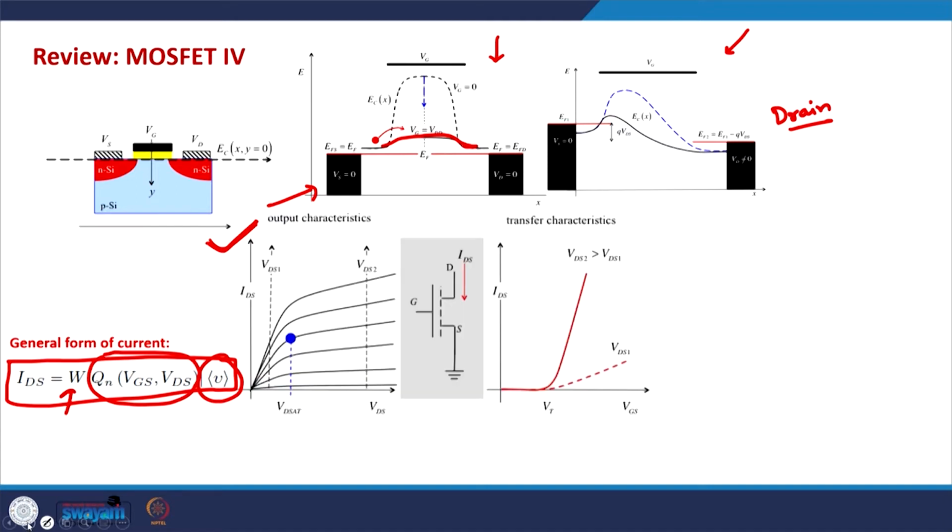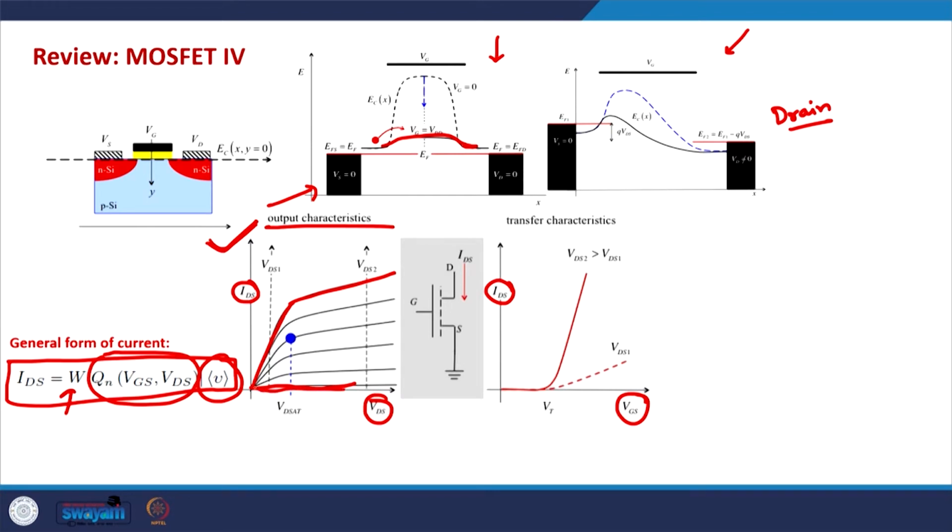And what we have seen is that the MOSFET IV characteristics are generally broken down in two parts. One is the output characteristics, that is the relationship between IDS and VDS, and second is the transfer characteristics, which is the relationship between IDS and VGS. The output characteristics has a linear regime, a saturation regime, and also a subthreshold regime.